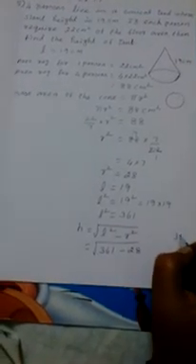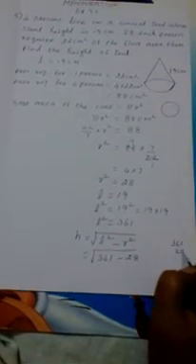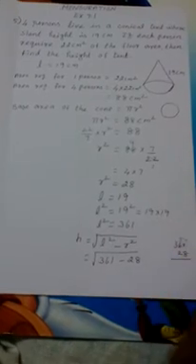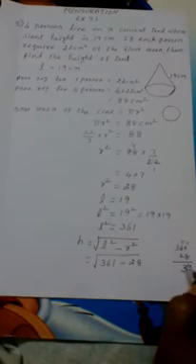Here 1, here 8, you can't subtract, so borrow. It becomes 11, and the 6 becomes 5. 11 minus 8 is 3, 5 minus 2 is 3, then 3. So the answer is 333. So height H equal to square root of 333.